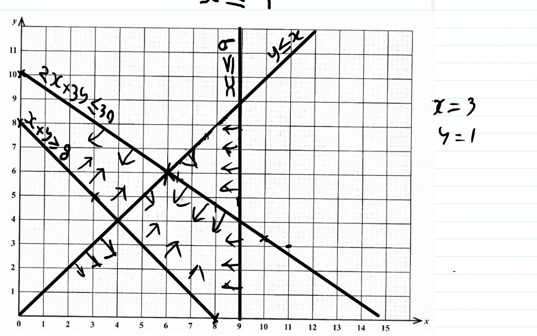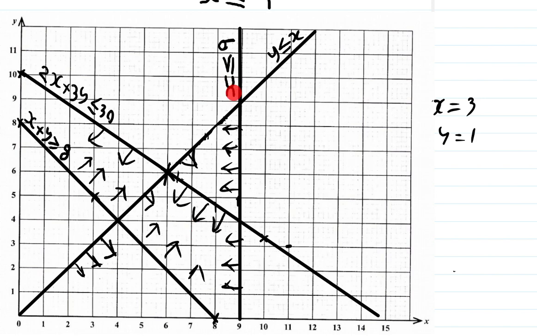So where do they all point together? You see, with this line here, this side is not working out. This side is what works. This line over this side is not working, but this side is working.